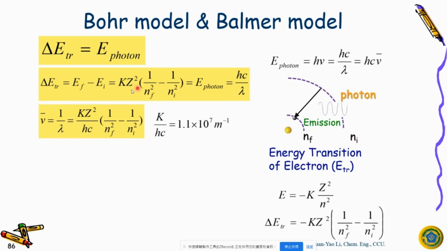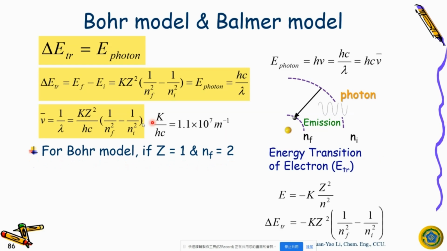And because k, h, and c are constants, you can easily calculate k, h, and c as 1.1 times 10 to the 7 per meter, right? Okay, are you with me so far? No problem, right? This is easy.